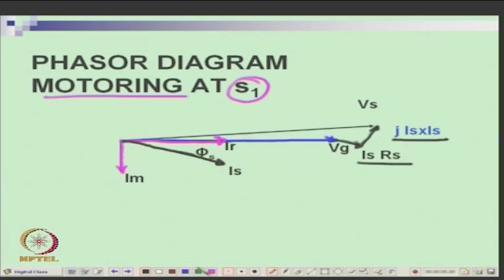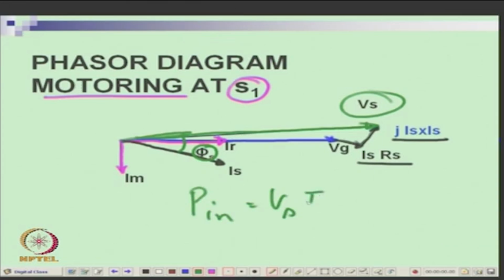So, what you finally get is the Vs, right, and the angle between Vs and Is is the angle phi s, okay, right. So, you know the power input will be Vs Is cos phi s, of course 3 times because it is a 3 phase machine, and so from this phasor diagram you analyze.